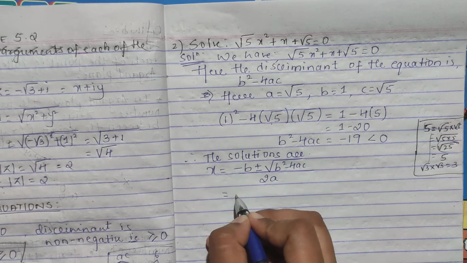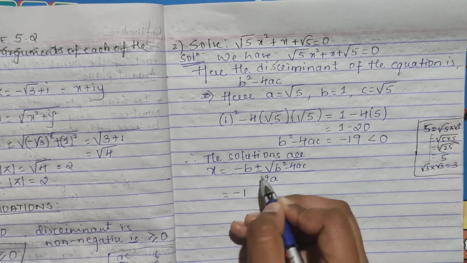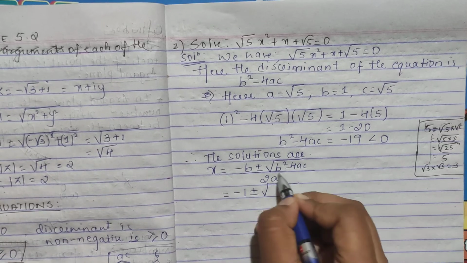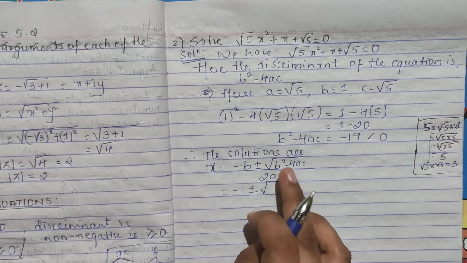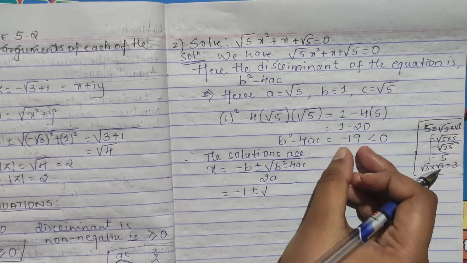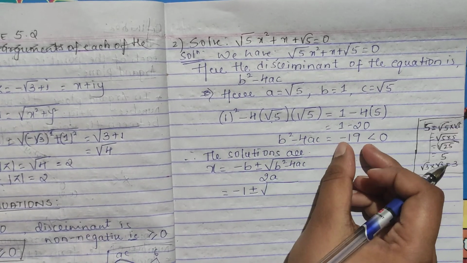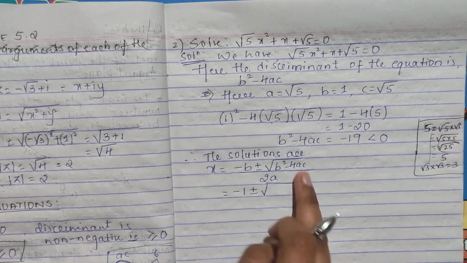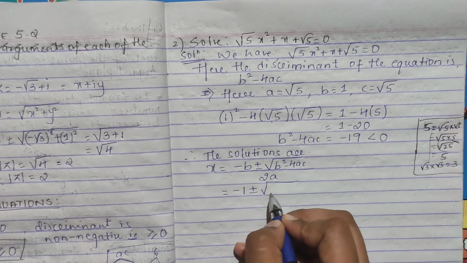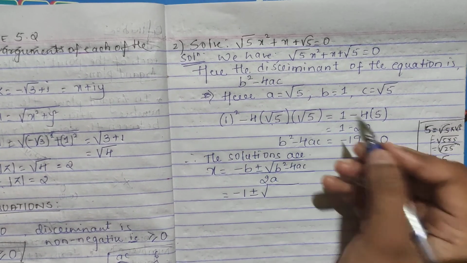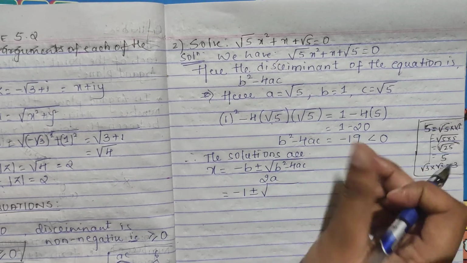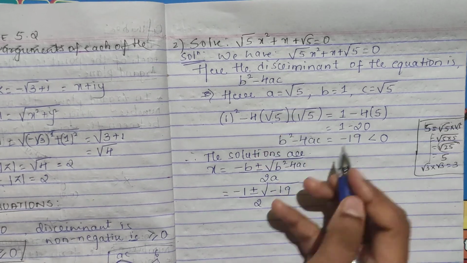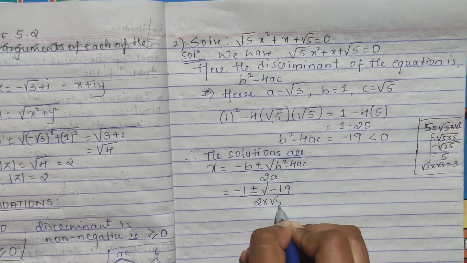What is our b? Minus b is −1. Plus or minus the root of b² − 4ac. Again, don't write the same, because here we already have it. If you are not finding it, you can directly apply the formula: 1² − 4 into √5 into √5, and we already got −19, divided by 2a, where a is √5.